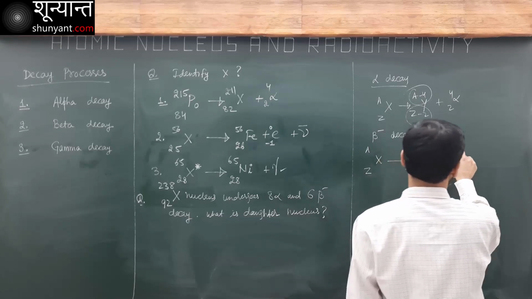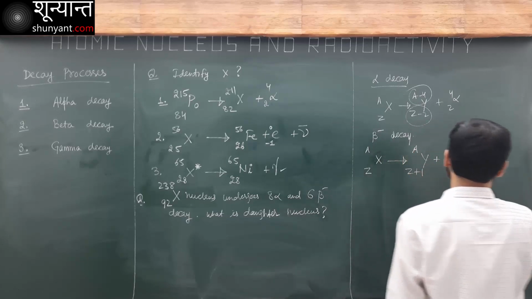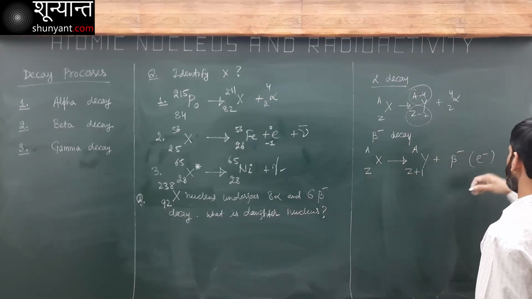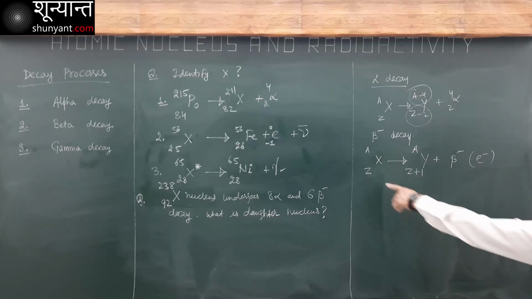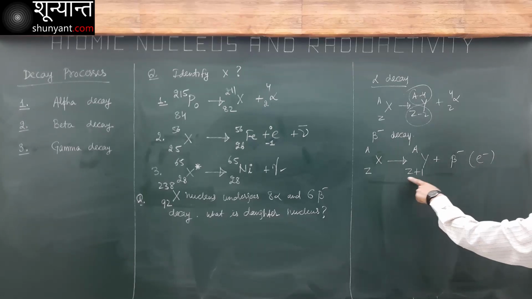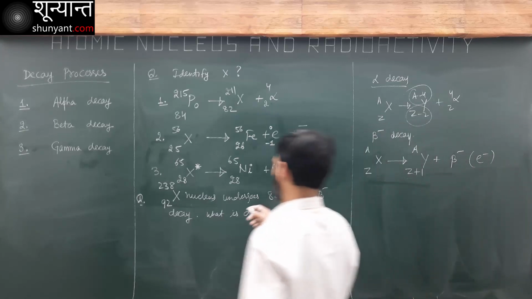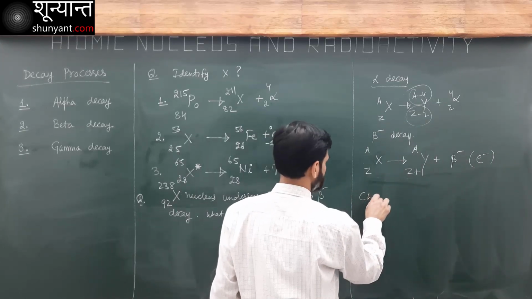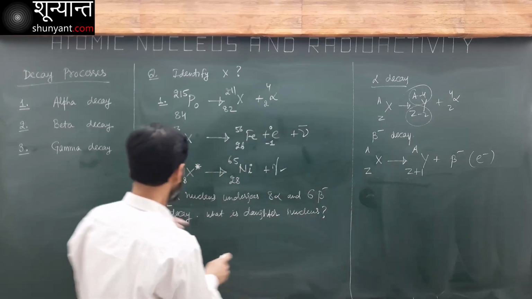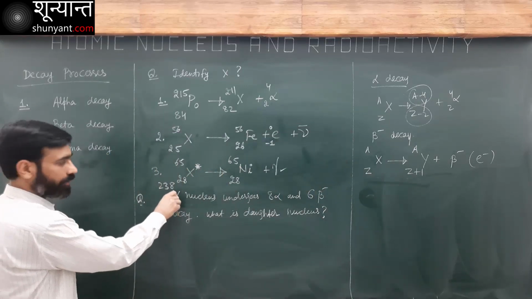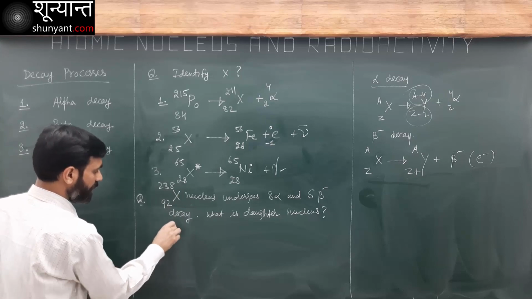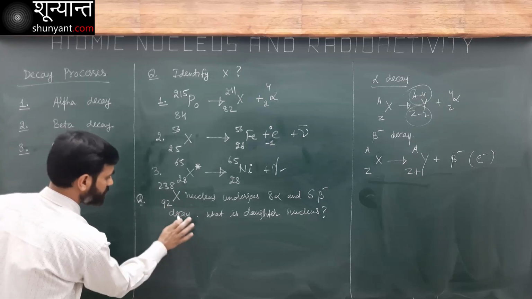The mass number remains the same. This is an electron; beta negative is the same as an electron. Charge is balanced: this is minus 1 here, Z plus 1 minus 1 becomes Z. So now, for 8 alpha, let's write Z dash.